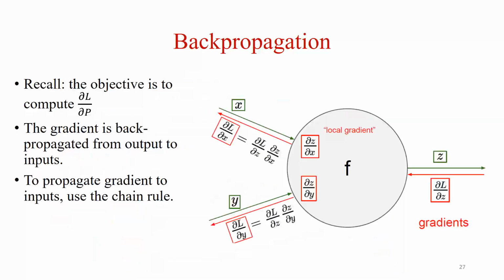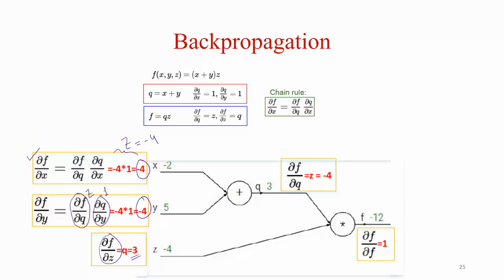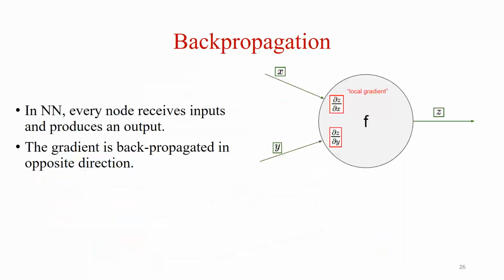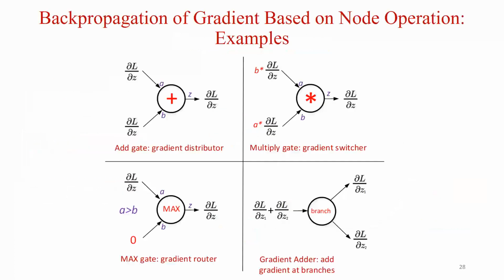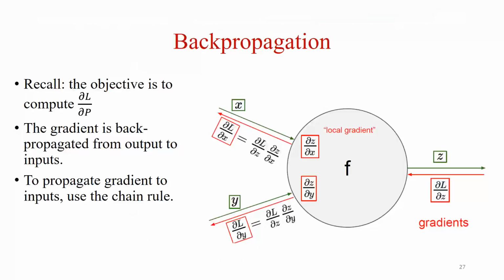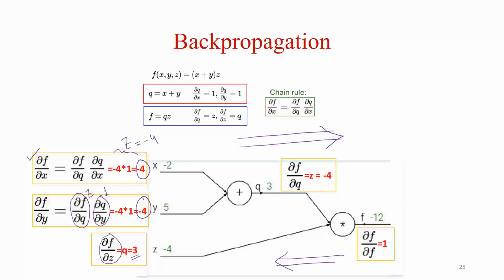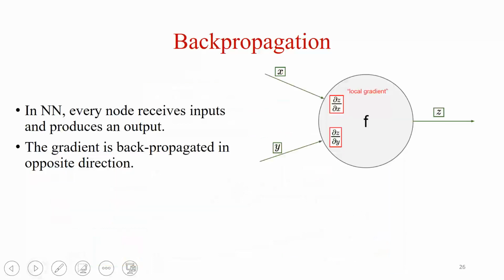Now you can see that we have achieved this by going this way. We did this forward pass inference, and by going back here, we have achieved the backpropagation calculation. Okay, now let's go to the next slide.